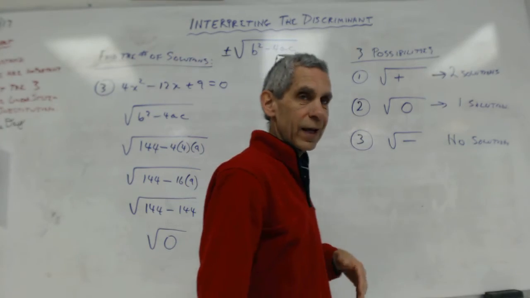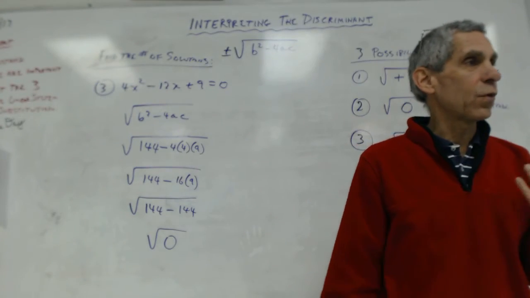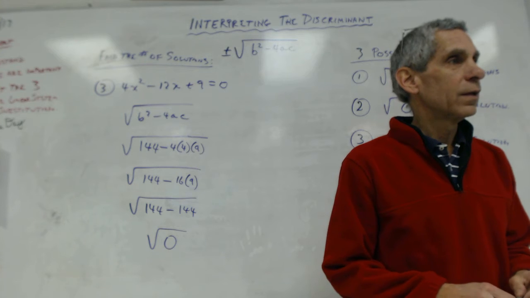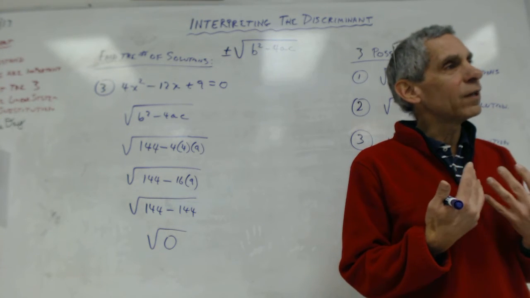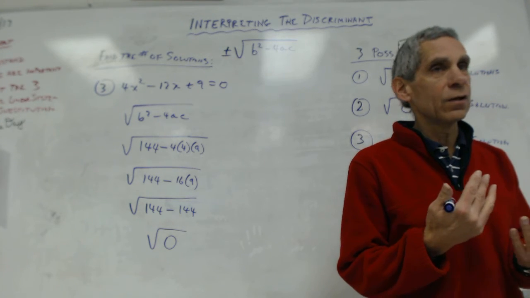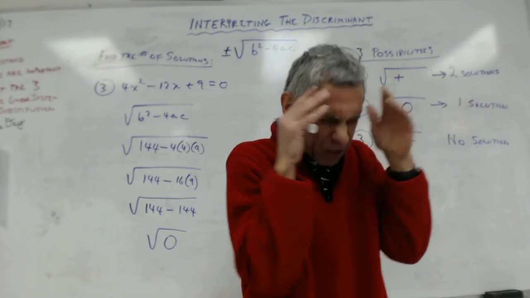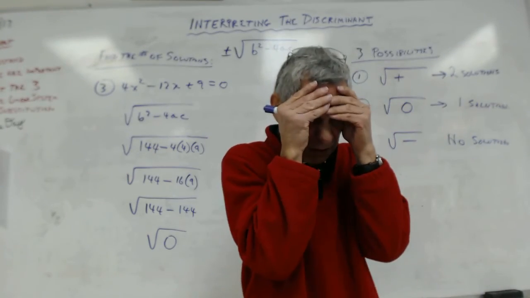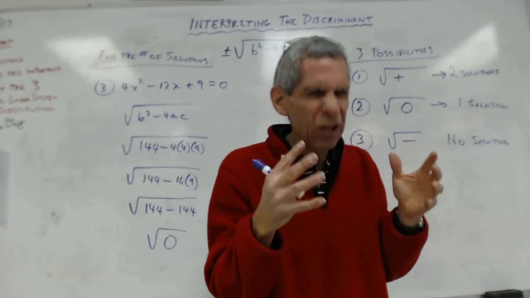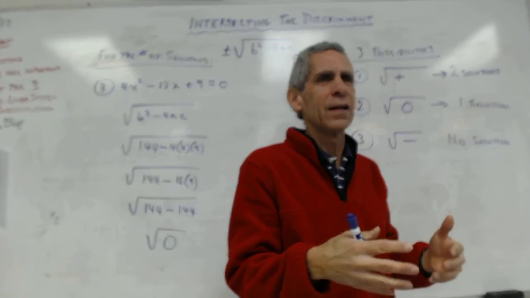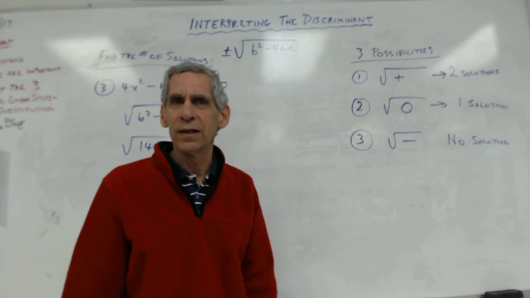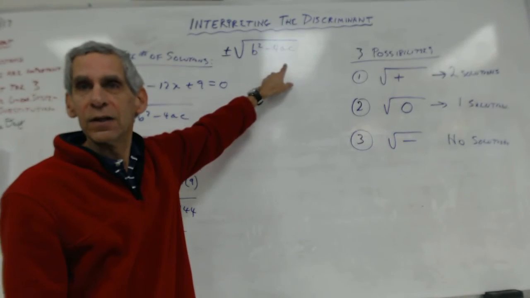So that's basically all it is. It's really quite simple, and you don't even have to memorize it. Some people spend all this time trying to remember: if it's positive, there's 2 solutions, if it's negative, there's no solution, and if it's 0, there's 1. Why memorize it? It's obvious.